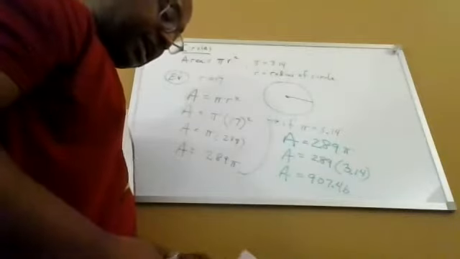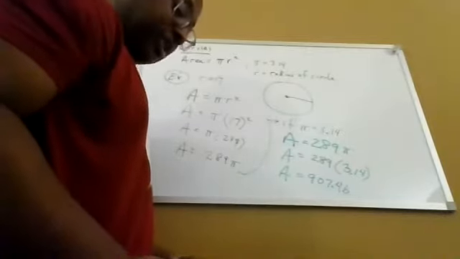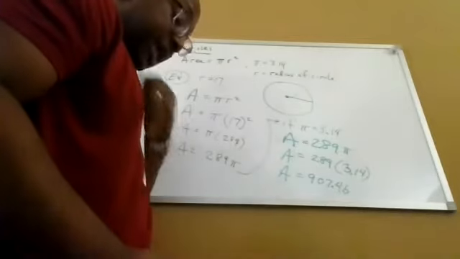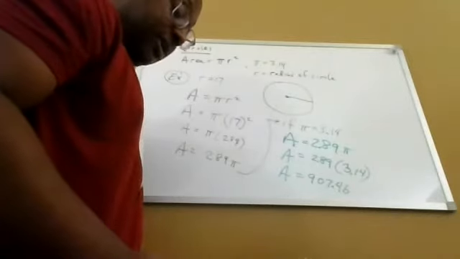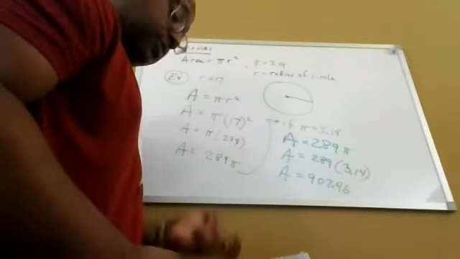Okay, now we're going to have to find the area of a shaded region. So we're going to have a combination of a rectangle and a circle.